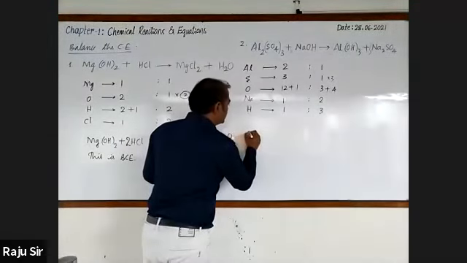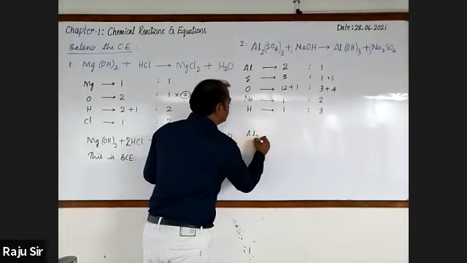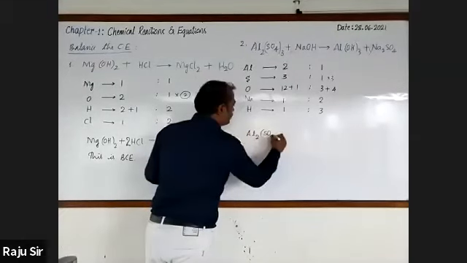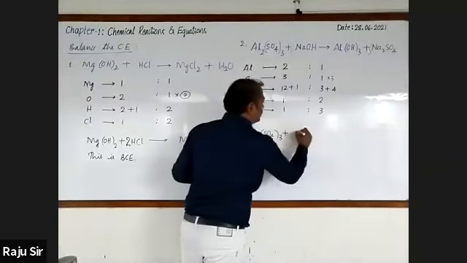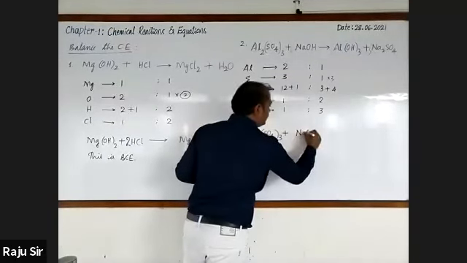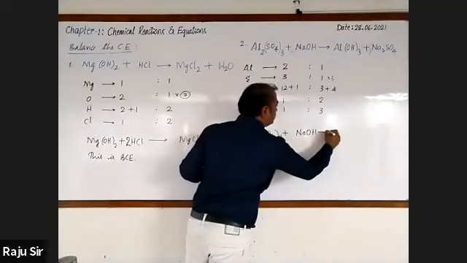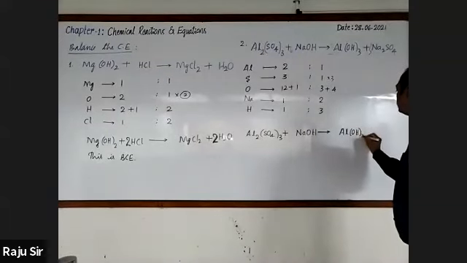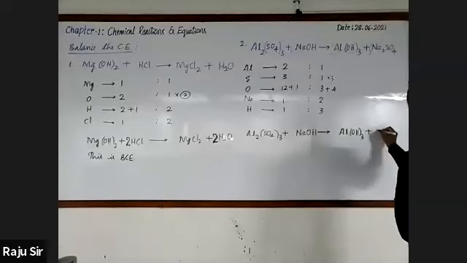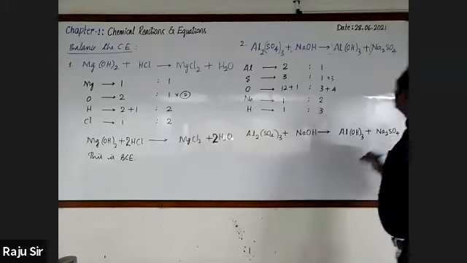It is aluminium sulfate, Al2(SO4)3 plus NaOH, gives rise to aluminium hydroxide, Al(OH)3 plus Na2SO4.